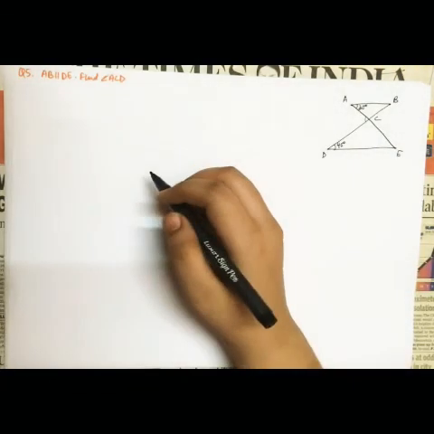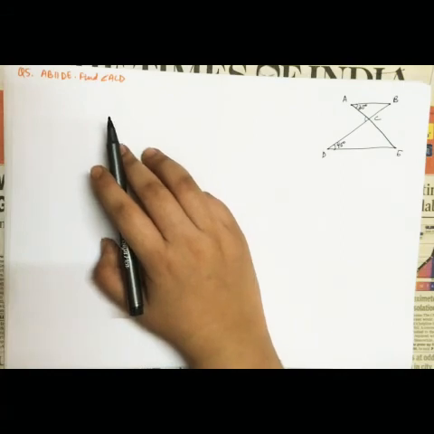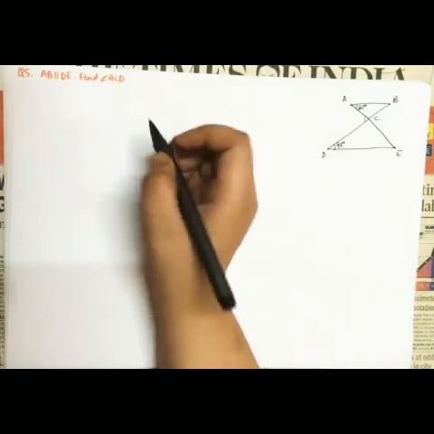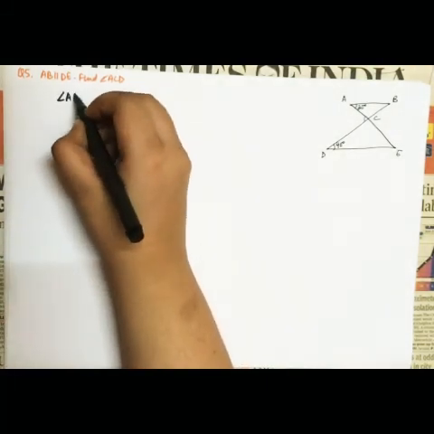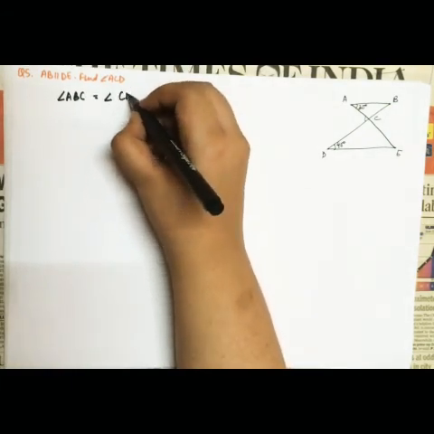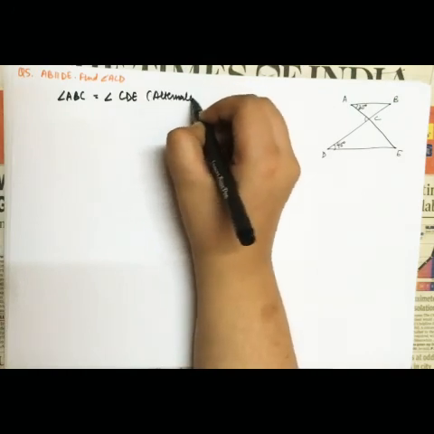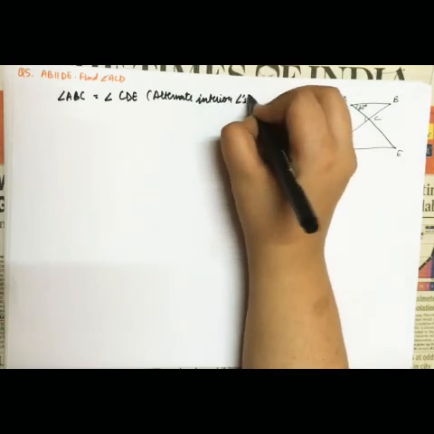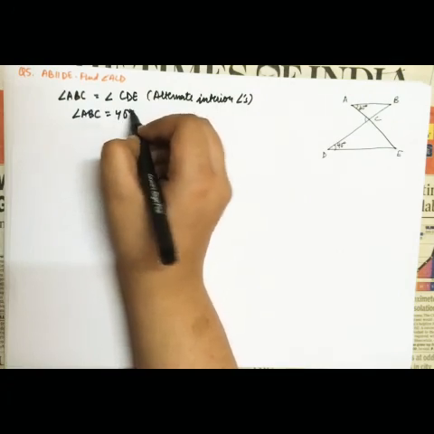Now question number 5. It says that AB is parallel to DE. We have to find the value of ACD. So since AB is parallel to DE, we can say that angle ABC is equal to angle CDE because they are alternate interior angles. Therefore angle ABC is equal to 40 degree.